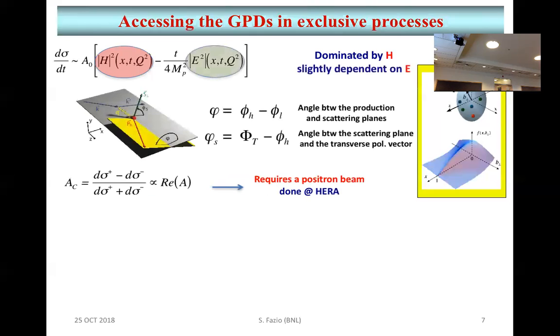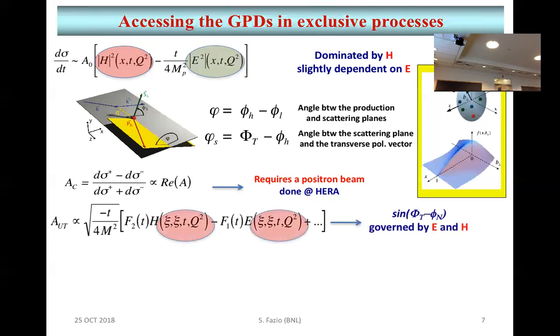If one wants to access the real part directly, the best way could be to have positrons, which is now kind of out of the scope of the electron-ion collider as we see it now, but this could be a direct way, and it was done at HERA to access the real part and also to determine everything which is excited right now for the GPD business.